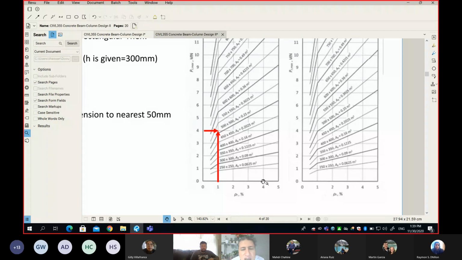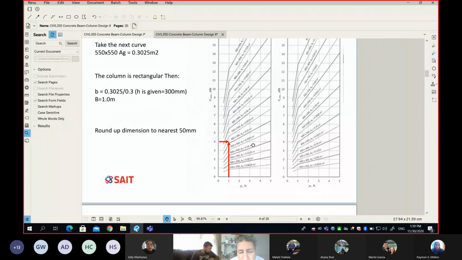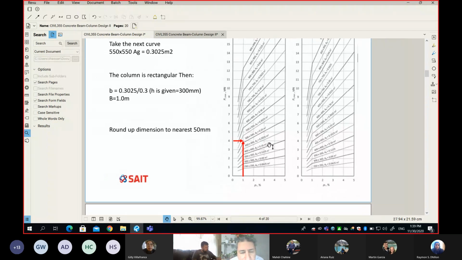That's it. But in most cases, 1% will work. Again, if you have a very, very heavy load and you are at the basement of a high-rise building, maybe you will face this when you need more reinforcement to reduce your concrete dimension.